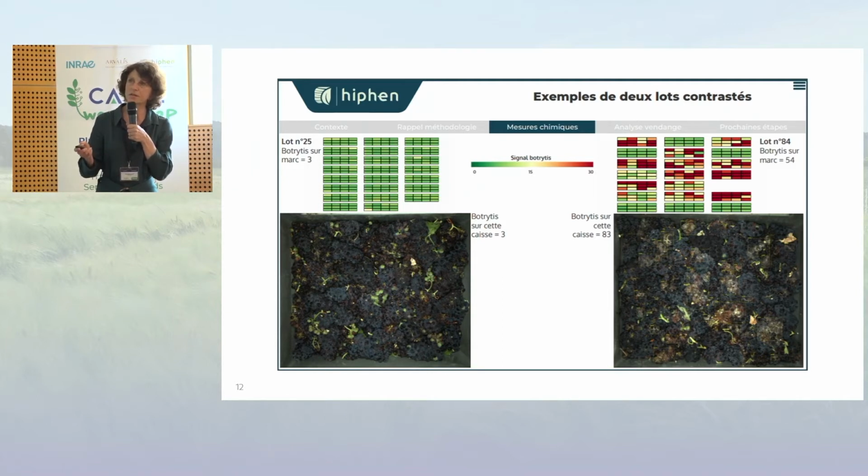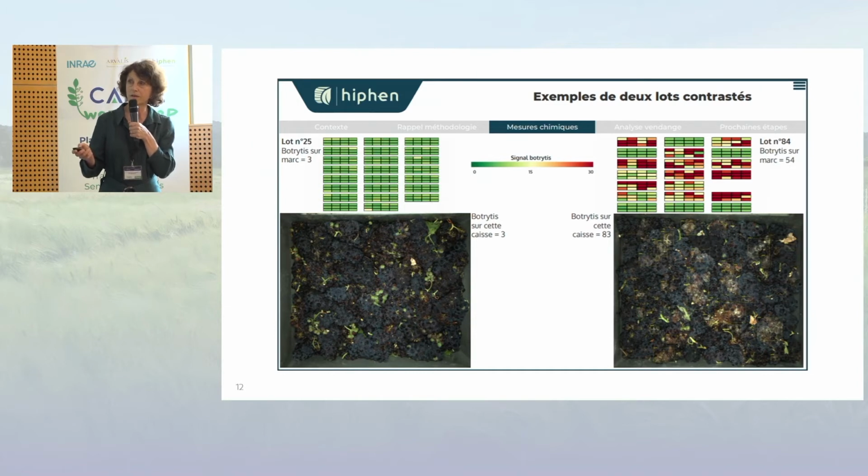Each rectangle is a basket, and all this is what we call a batch, a mar, that constitutes the juice for the winery. So for example, in this batch, we had the value of 3, and here is an example of one of these baskets where the value is also 3, so it's a really good quality.